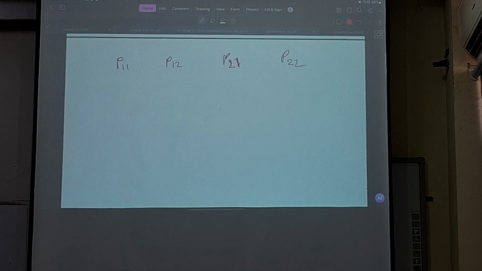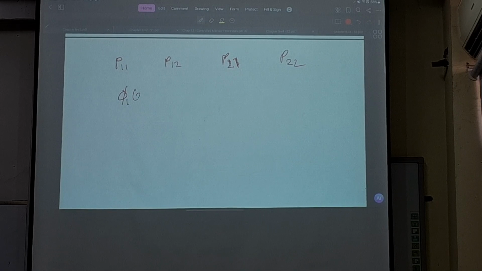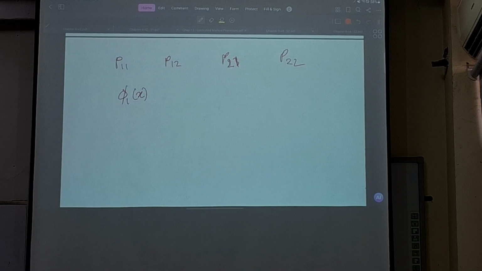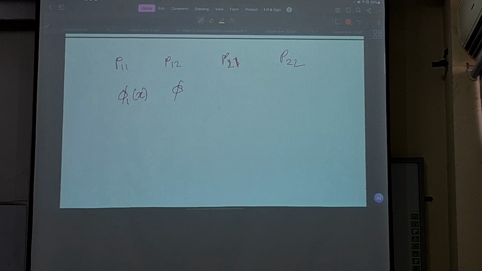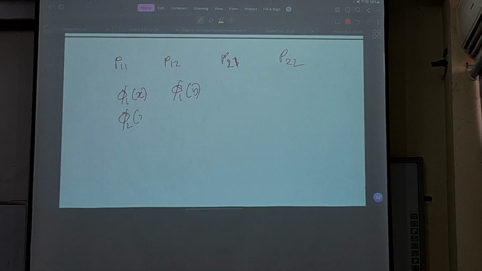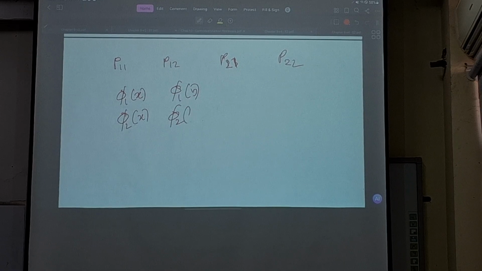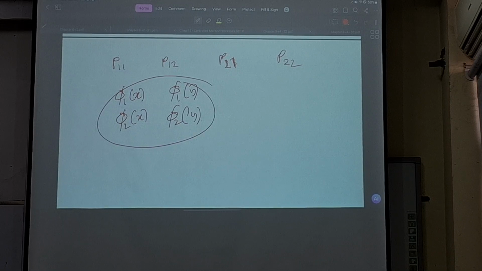We need pi 1 x, pi 1 y, then pi 2 x, and pi 2 y. So we will have a matrix.